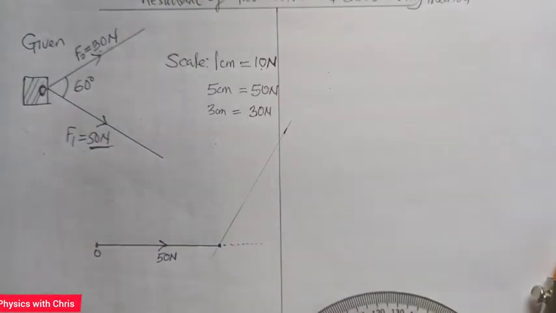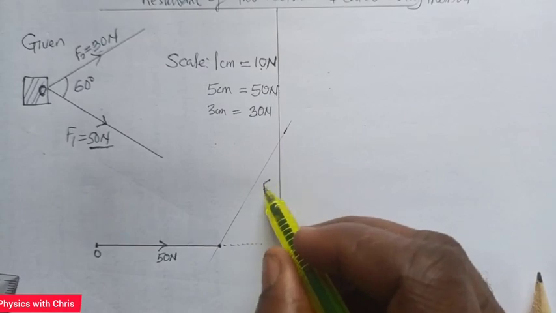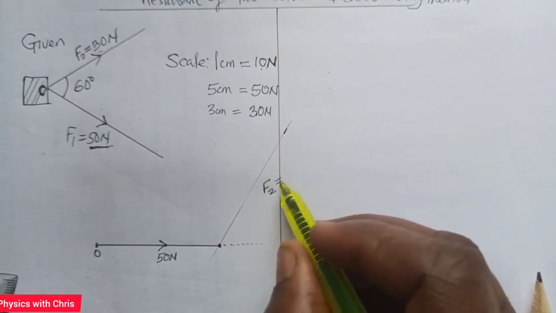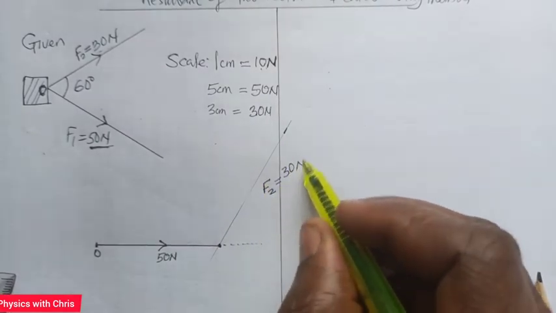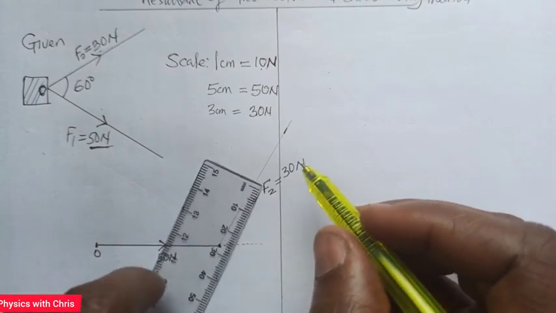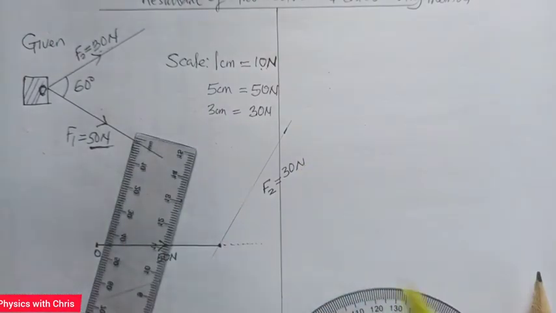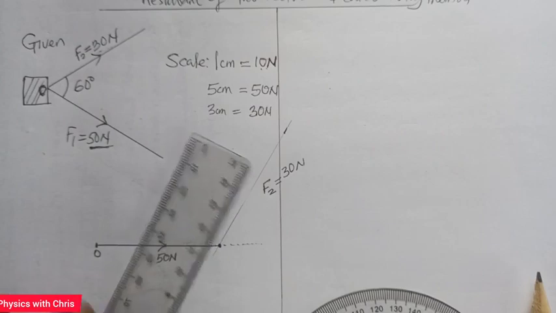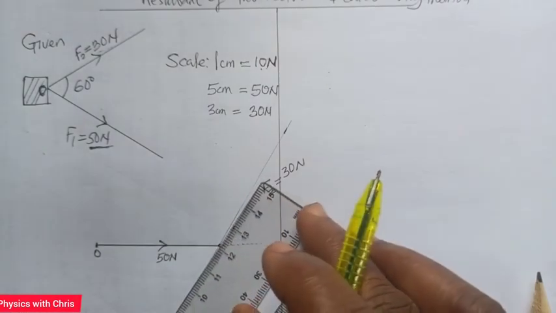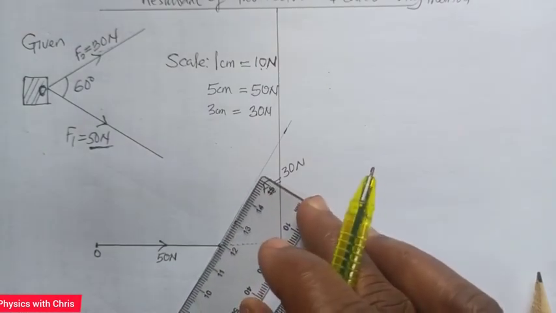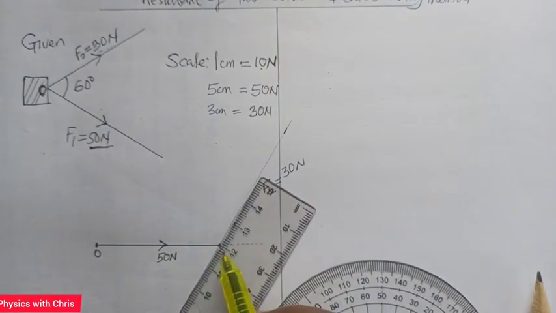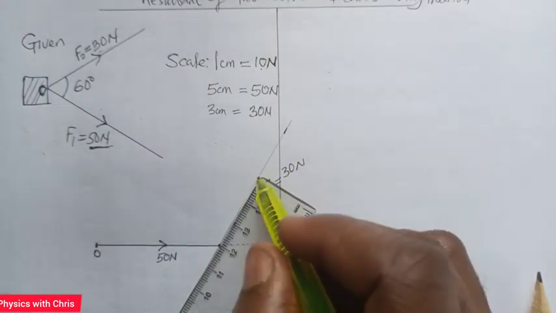Then I have to mark my 3 cm, because vector F2 is going to act along this line, and it is 30 Newton, which is 3 centimeters. I can use my compass to mark off that length, or I just measure 3 cm: 0, 1, 2, 3.